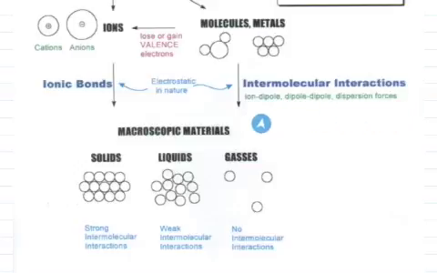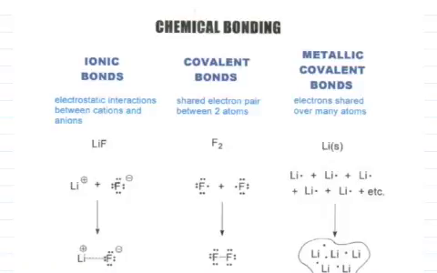We learned this in Chapter 12 in Chem 200. In our macroscopic material, solids have strong intermolecular interactions, liquids have weak intermolecular interactions, and gases have no intermolecular interactions.